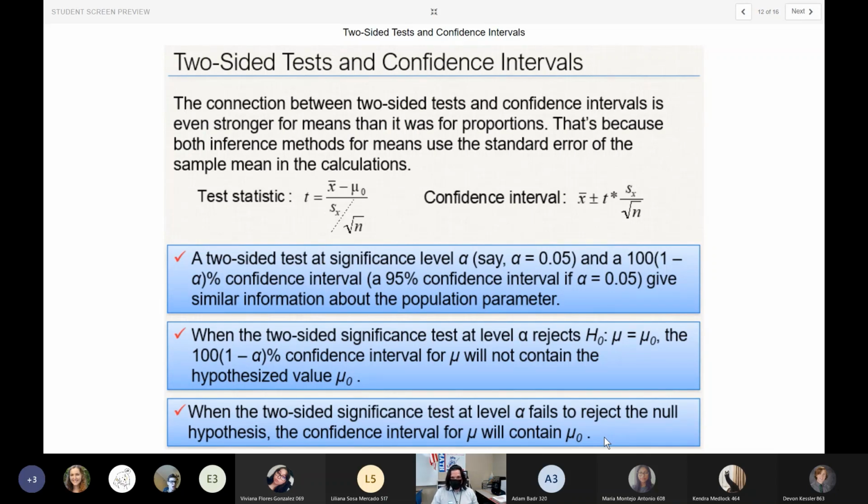It's not exactly the same correlation between one-sided tests, right? Where we just have a strictly greater than or strictly less than alternative hypothesis. This only has to do with those two-sided tests where our alternative is that it's just not equal to the null. All right. There's some interesting connections there.